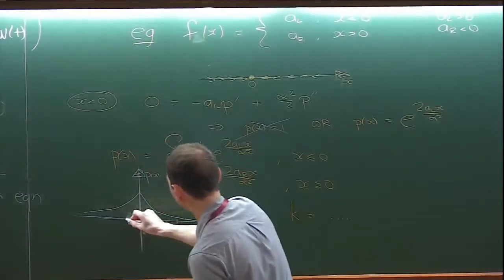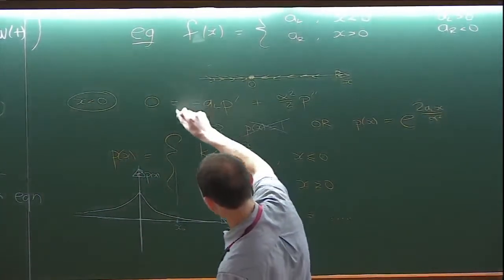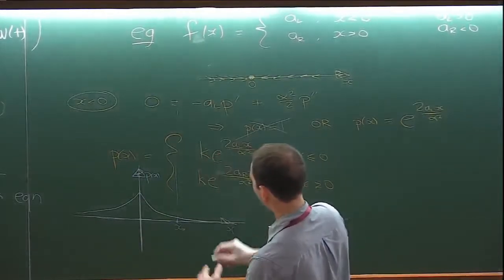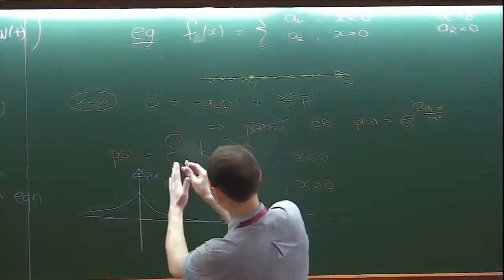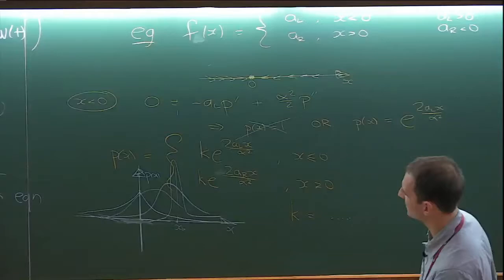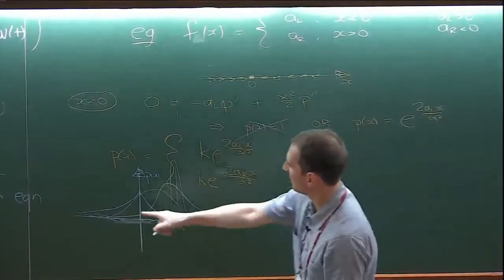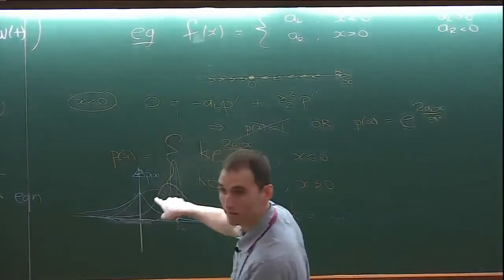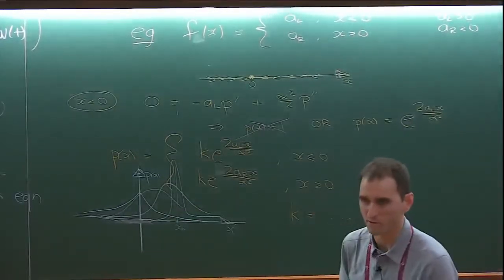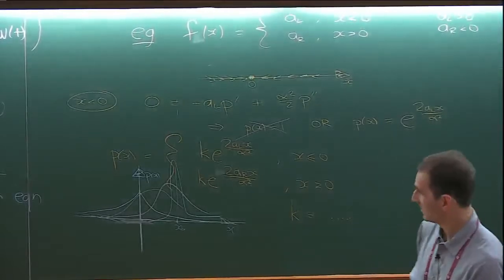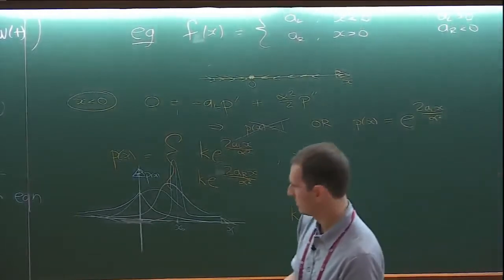So it's 0, and it's infinity, and then it's 0 again. As time evolves, it sort of turns into that, and then it goes that way, and then eventually, as time goes to infinity, you get that. Now, there is an analytical formula for what it looks like there. The formula is pretty horrible, but it does exist for this case.